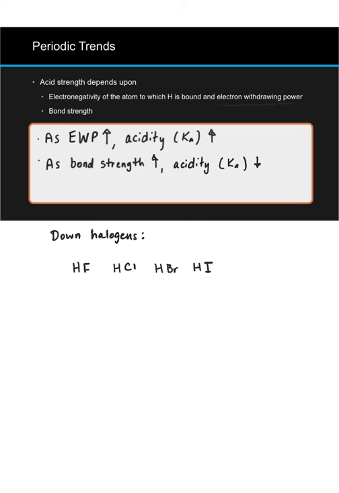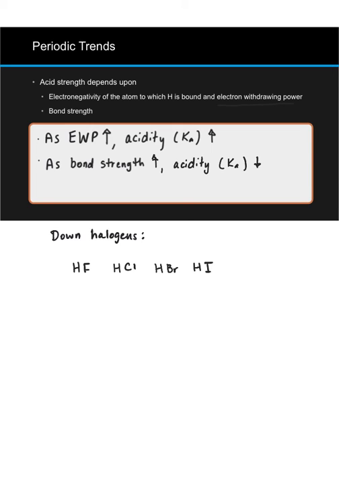The electron withdrawing power is strongest for fluorine because it is the most electronegative. However, the bond strength between hydrogen and fluorine is pretty strong. Fluorine is a really small atom, so it's very close to its hydrogen cation partner.